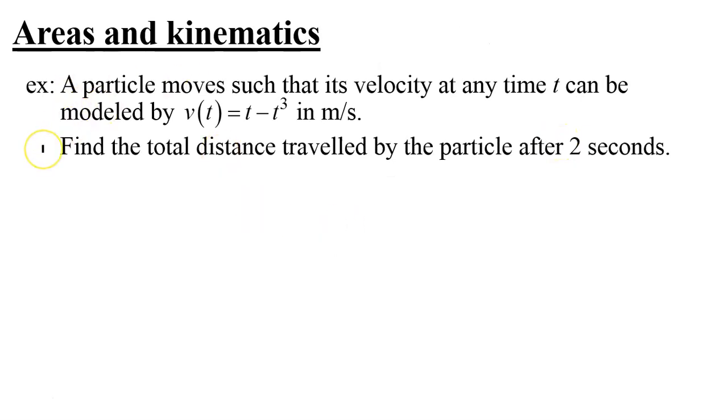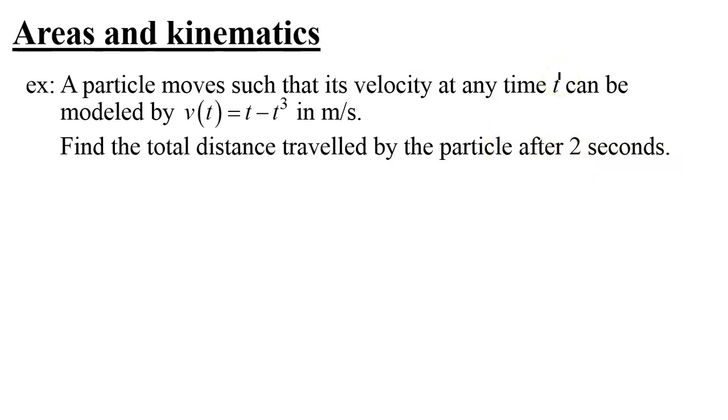So in this example, we have a particle that is moving such that its velocity at any time t can be modeled by t minus t cubed, in meters per second. I need to find the total distance traveled by the particle after 2 seconds. Usually the total distance traveled is given between two given times.